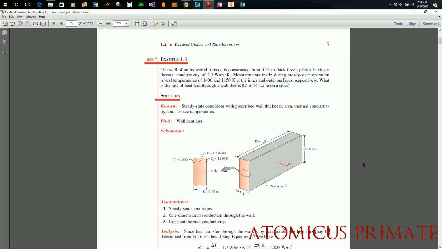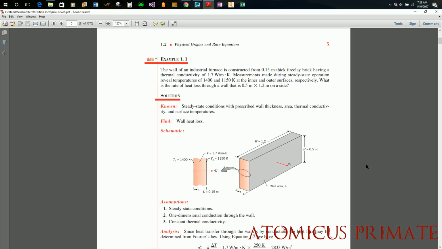Solution. First we start with the knowns. Steady state conditions with prescribed wall thickness, area, thermal conductivity, and surface temperatures. How that is a helpful known, I don't know. I don't know how they pick these things, but we must find wall heat loss. We draw a schematic, and there's a couple nice things.